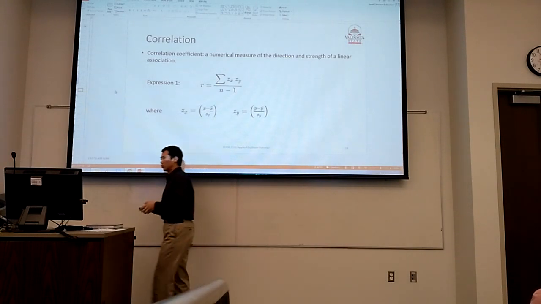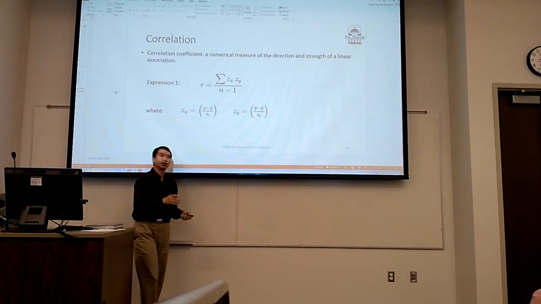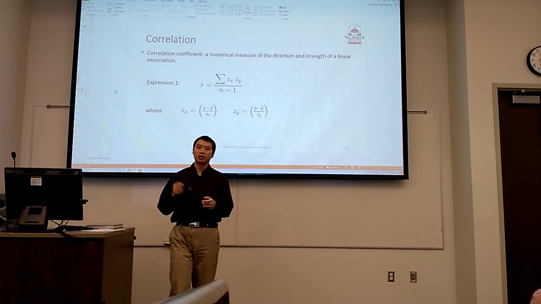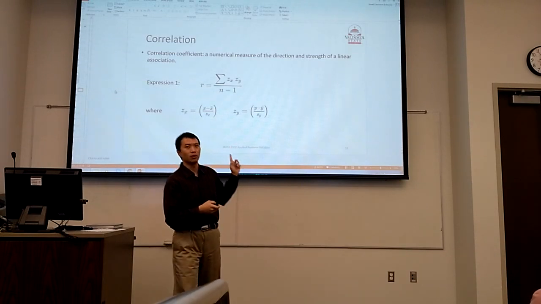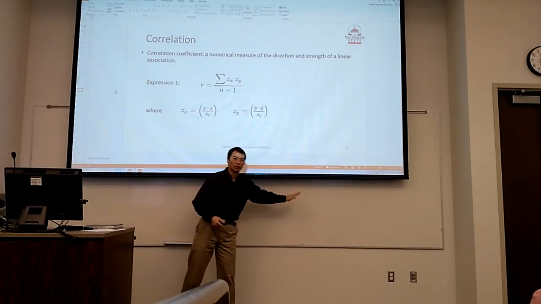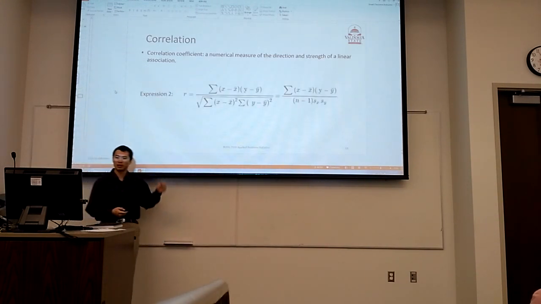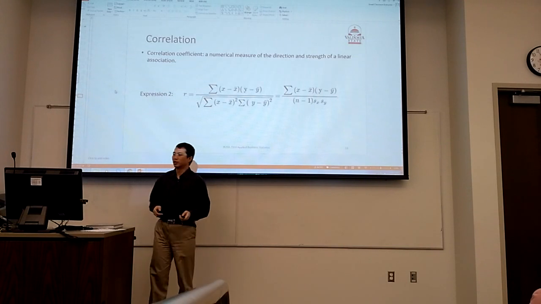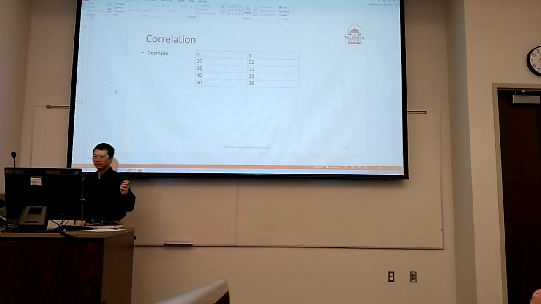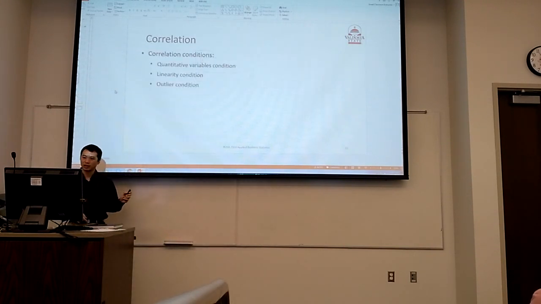Okay? So when you do your homework or exam, if you need to find the correlation coefficient, use StatCrunch. Okay? So don't manually do it. So that's R. R is the correlation coefficient. Okay. And we did that example.